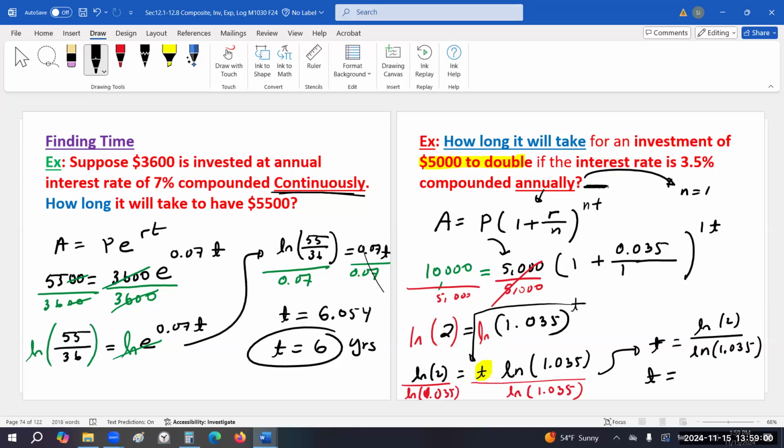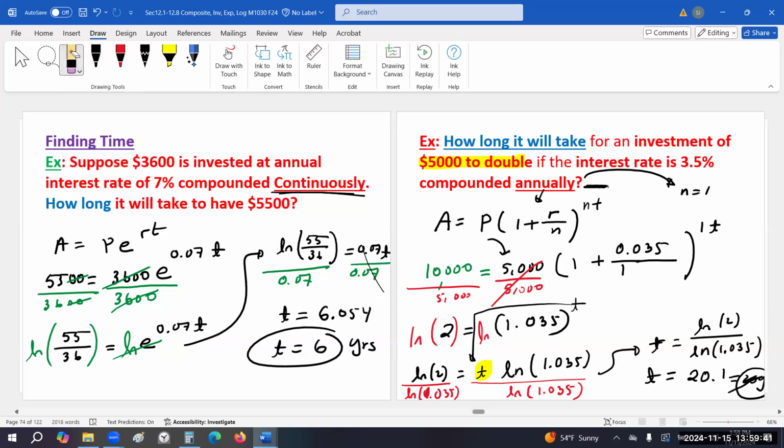How long? 20 years? 20.15. The 20 means 20 years, and then some months, 0.15 of a year. Technically we need to round up, so we need 21 years.